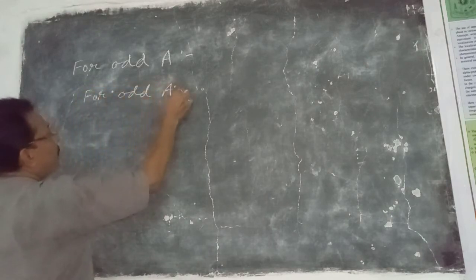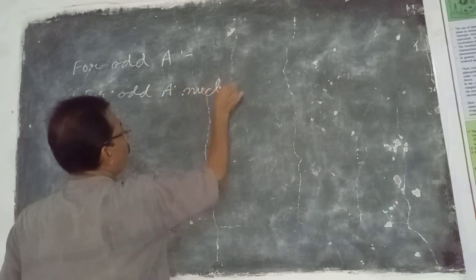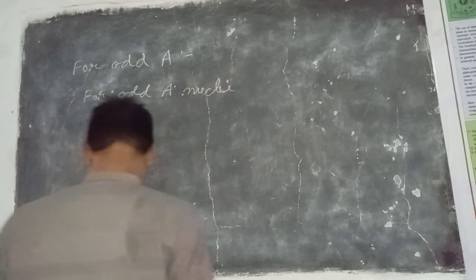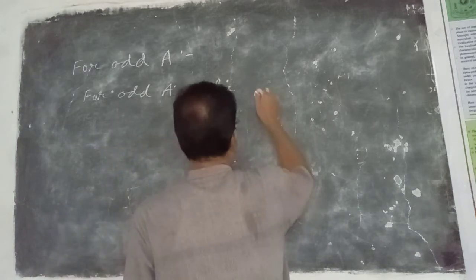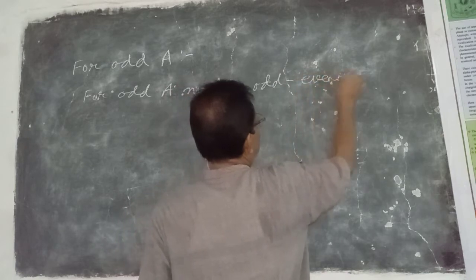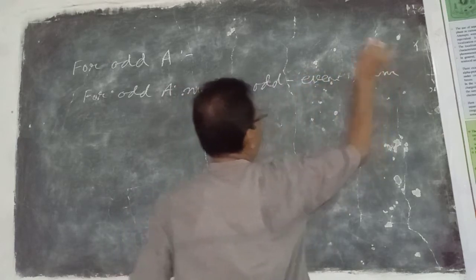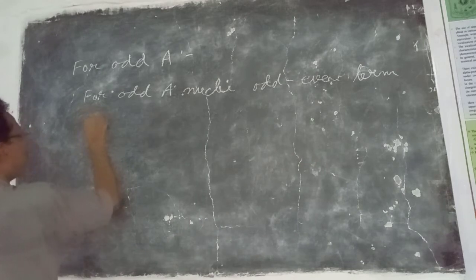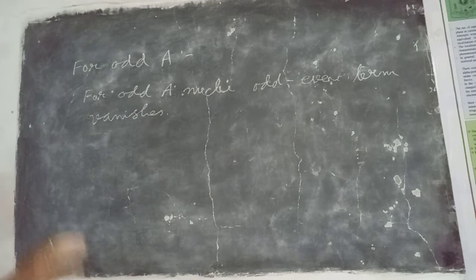For odd A nuclei, the odd-even term, that is delta, vanishes. It will not be there, because the value of delta is equal to 0 for odd A nuclei.